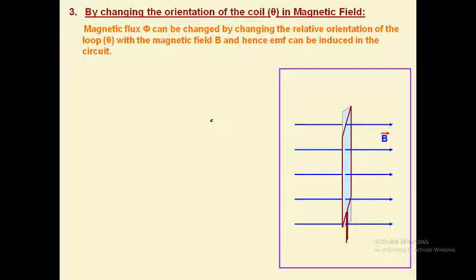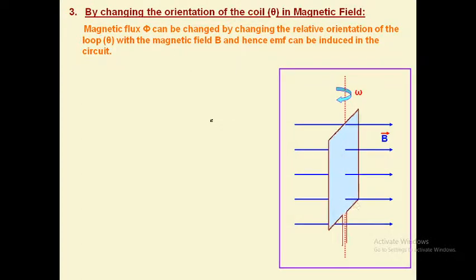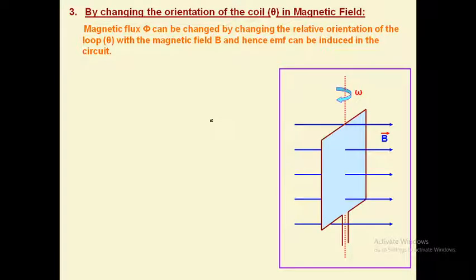What will happen if we start turning the coil like this? When we turn the coil, the angle theta will start changing continuously, and that will change the magnetic flux, and as a result of the change in magnetic flux, induced current will be produced. So this is the method which we adopt in the electric generator to produce electric current continuously.